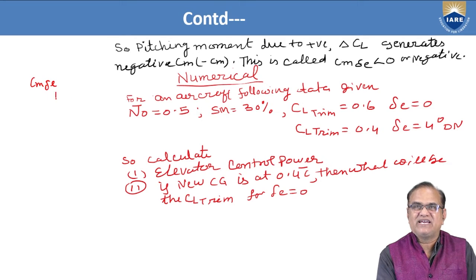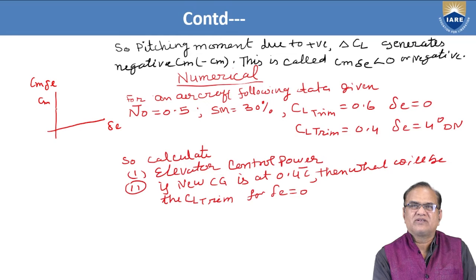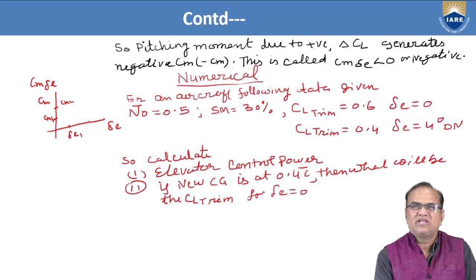So if I take this Cm versus delta E, if I draw the plot, at this Cm it is Cm1. Here, this is the delta E1. This is the Cm2. This is the delta E2. So, delta Cm by delta E is equal to what?